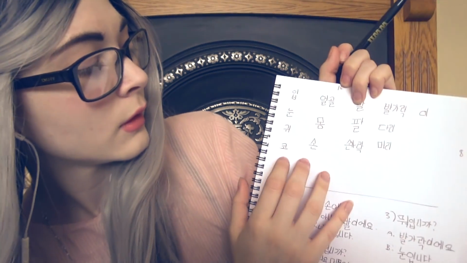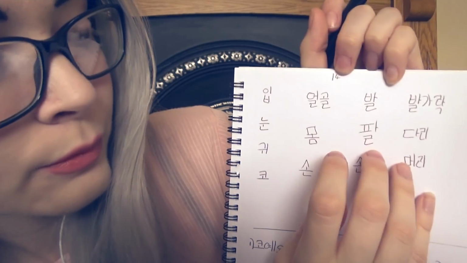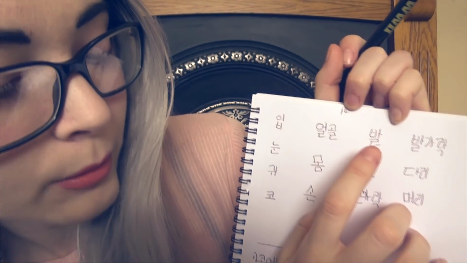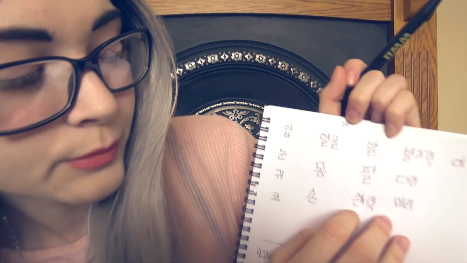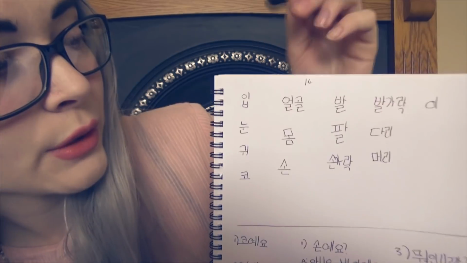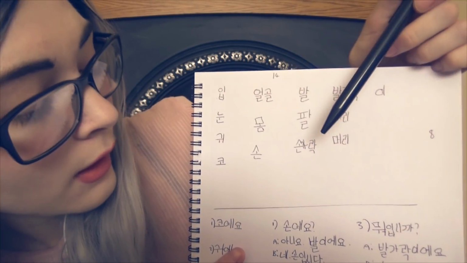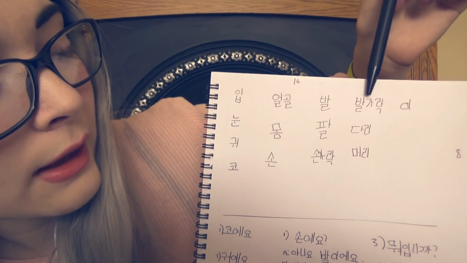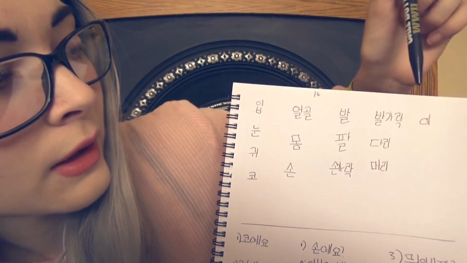Mom. Son. Son. Pal. Pal. We shall go over those two soon because they sound pretty much the same. And then we have son karak, pal karak, dari, and mari, and then e.